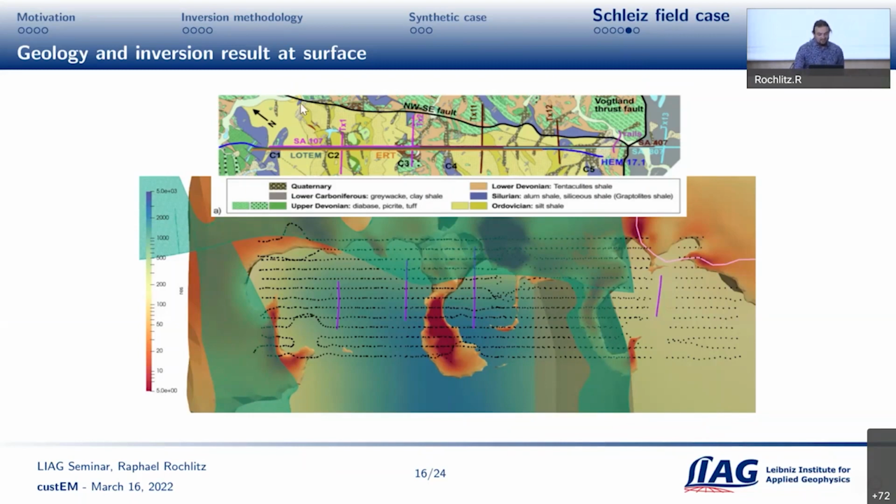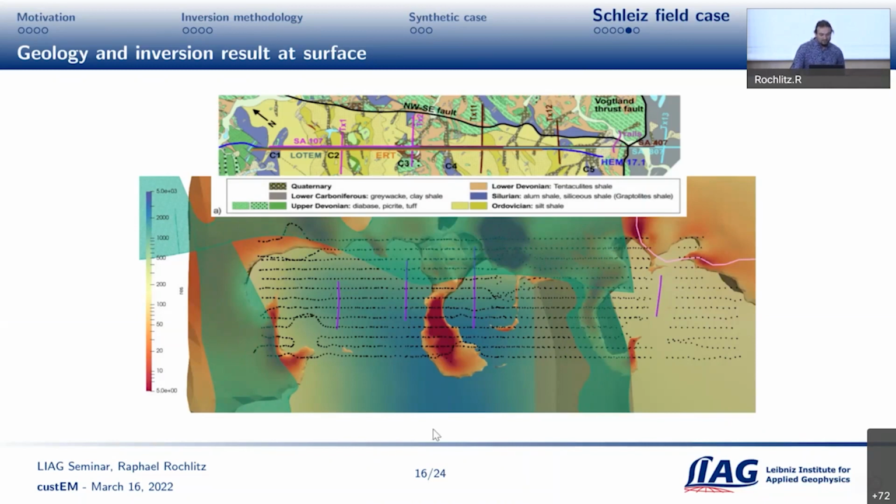we see a quite nice difference between the southern part of the survey area and the northern part, which are divided by this northwest-southeast dipping fault. And in transparent, Thomas has plotted the occurrence of Devonian rocks on top of our conductivity model.